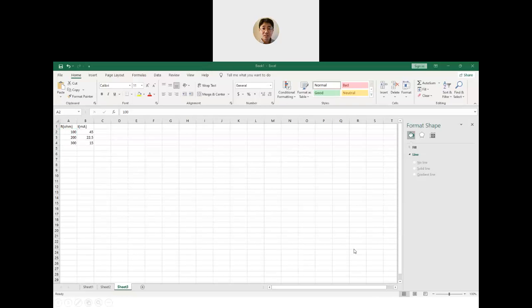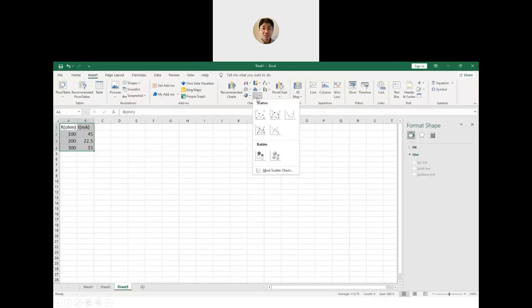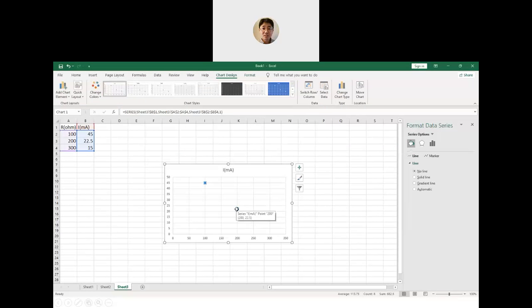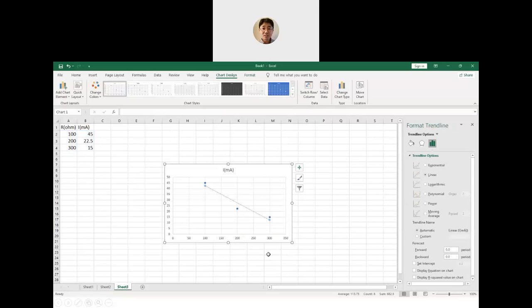Then we have to draw the graph. Insert a scatter with line. Then you have to add a trend line here. But if we use a linear line, it's very strange.